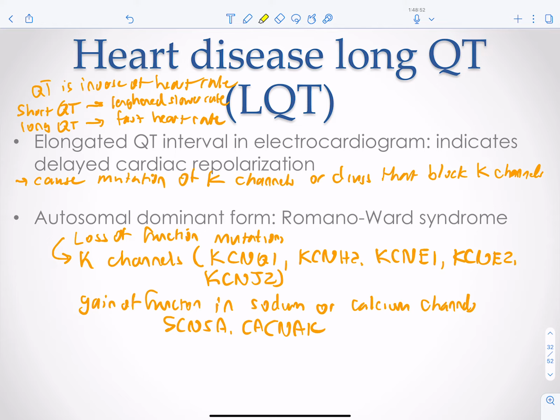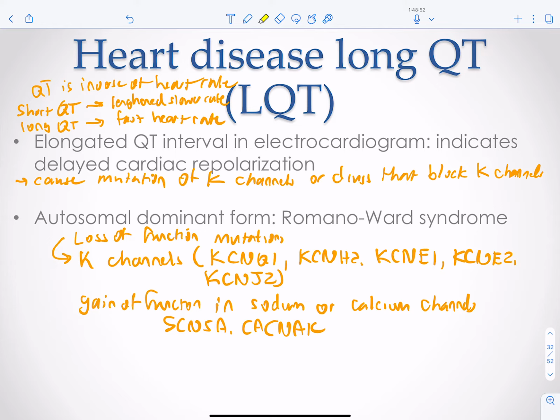So you also have an autosomal dominant form, Romano-Ward syndrome, which is a loss of function of potassium channels. There are many genes associated with potassium channels, all shown here. The K indicates potassium. And so you have the KCNQ1, KCNH2, KCNE1, etc. So you can have loss of function mutations of any of those.